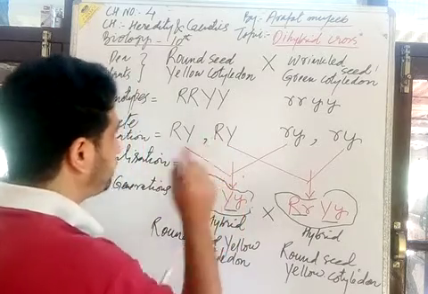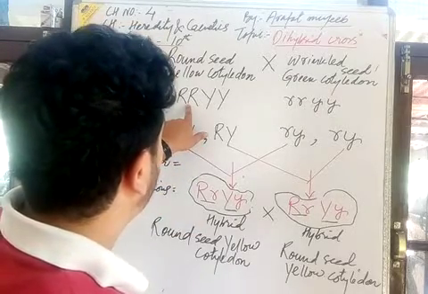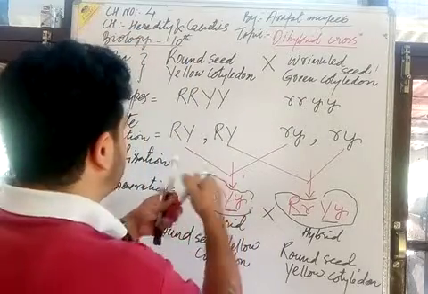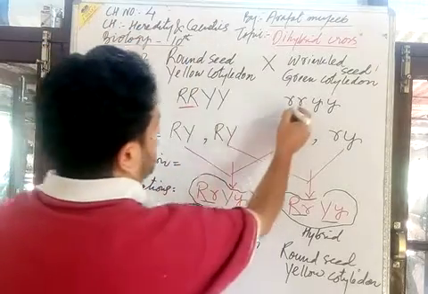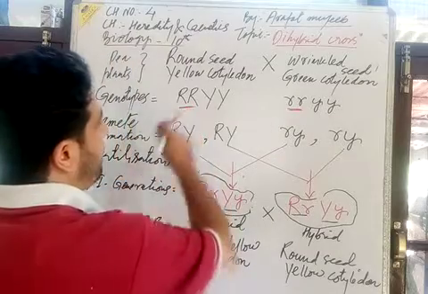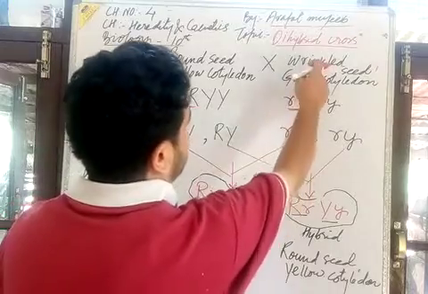That means independent assortment means this pair of factors and this pair of factors. We focus on one: this pair of factors, and we can say these are two factors. A pair of factors for round seed, a pair of factors for wrinkled seed.